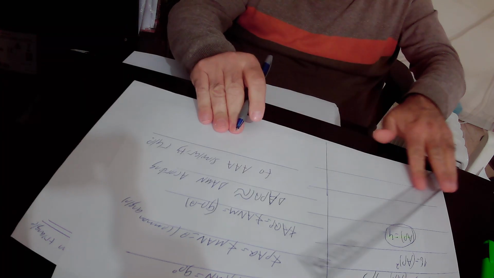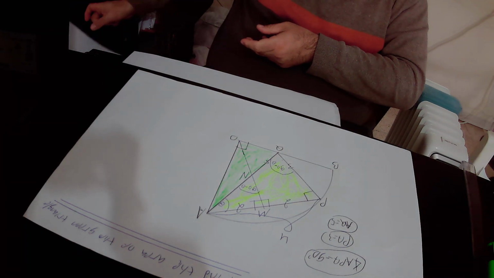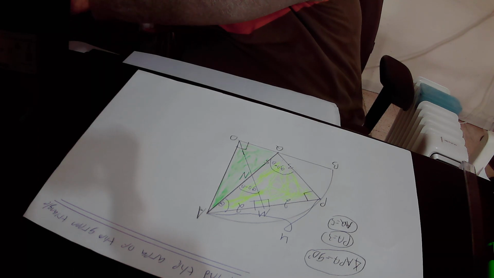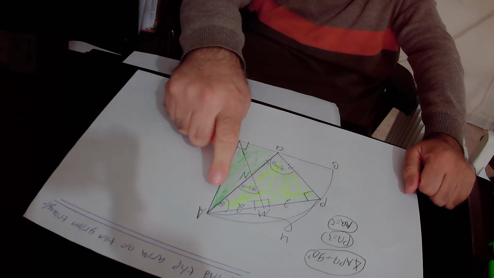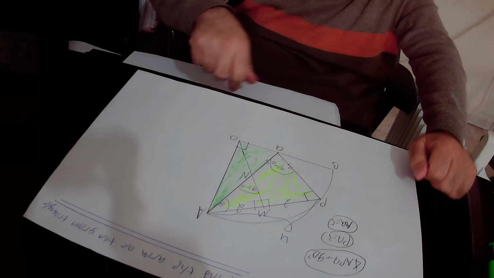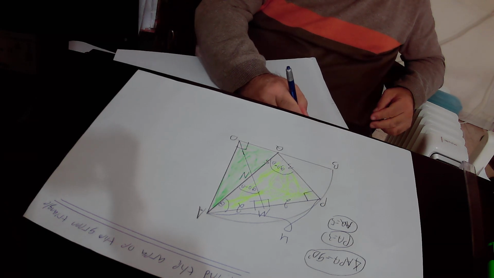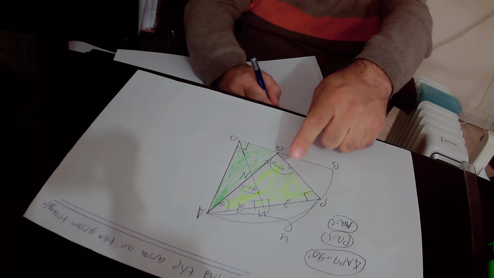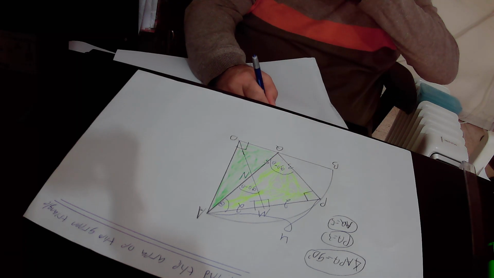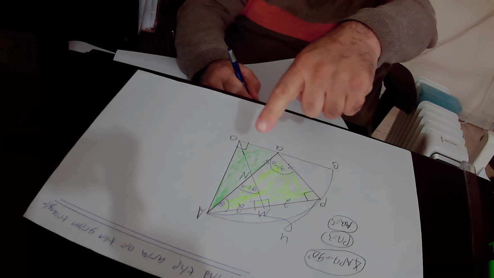And from the fact that the two right triangles are similar to each other, we will conclude that PA in the big triangle over MA in the small triangle equals PQ in the big triangle over MN in the small triangle, and it is also equal to QA in the big triangle over NA in the small triangle.